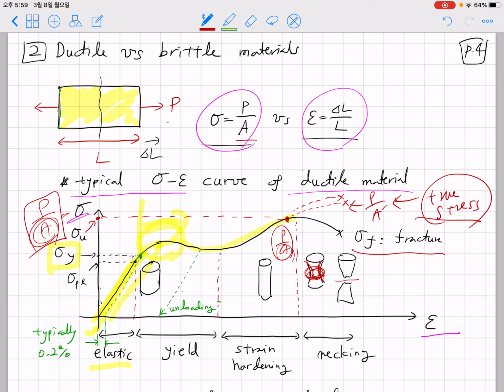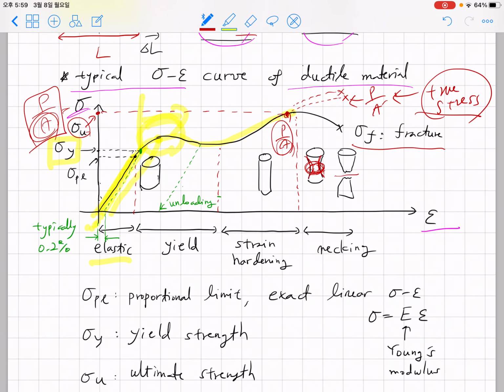But we typically define the ultimate strength of a material with engineering stress. Anyway, these are the typical behaviors of a ductile material. We call the initial range elastic, the second range yield, and after some point you're going to see an increase of stress again. We call that the strain hardening regime. After that, some part gets smaller, and we call that the necking regime.